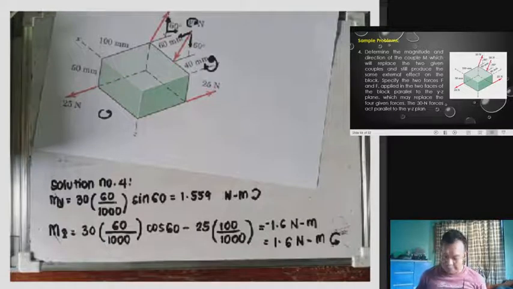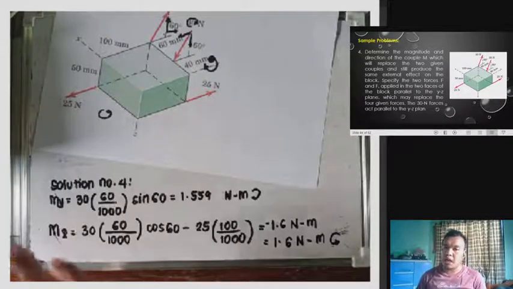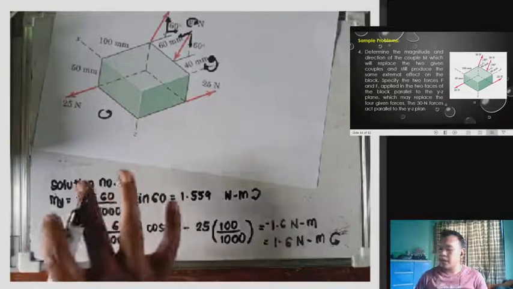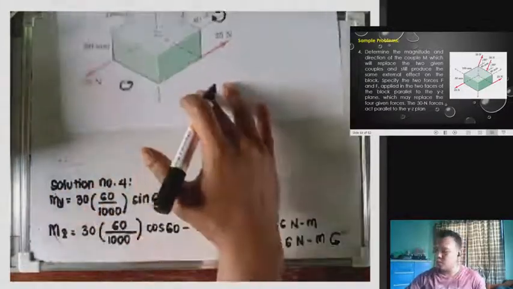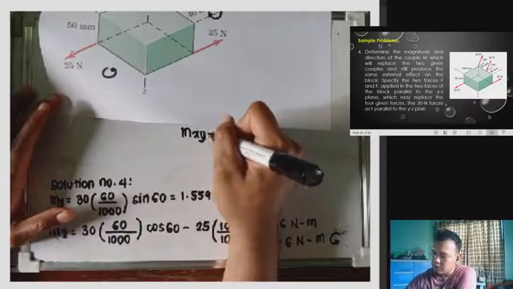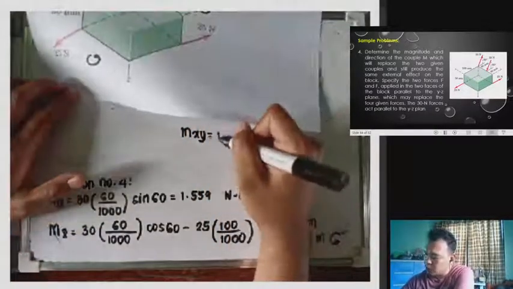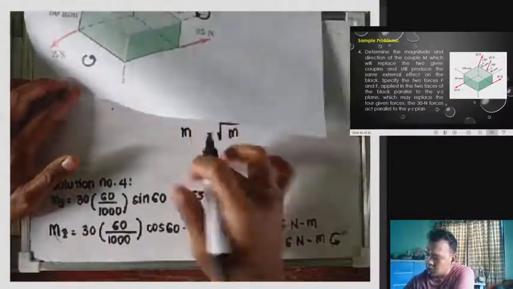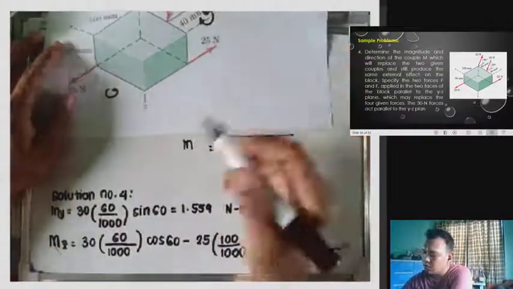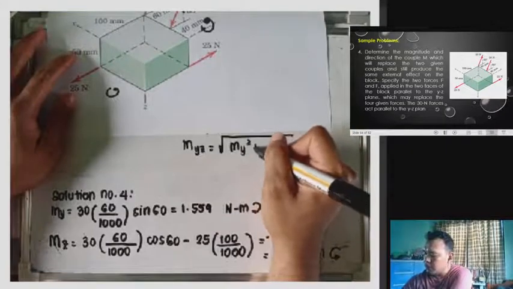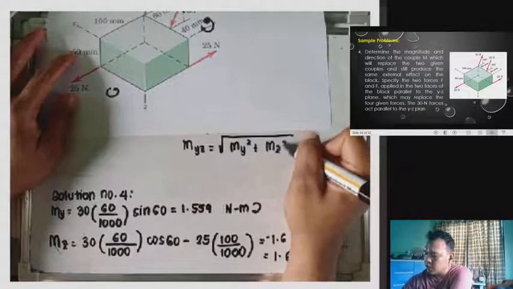Okay, so ngayon, pagsasamahin natin yung dalawang moment para maging isang buong moment siya na mag-a-act dun sa plane y and z natin na plane, no? So, ngayon, we have here moment yz is equivalent kay square root ni moment y squared plus moment z squared.